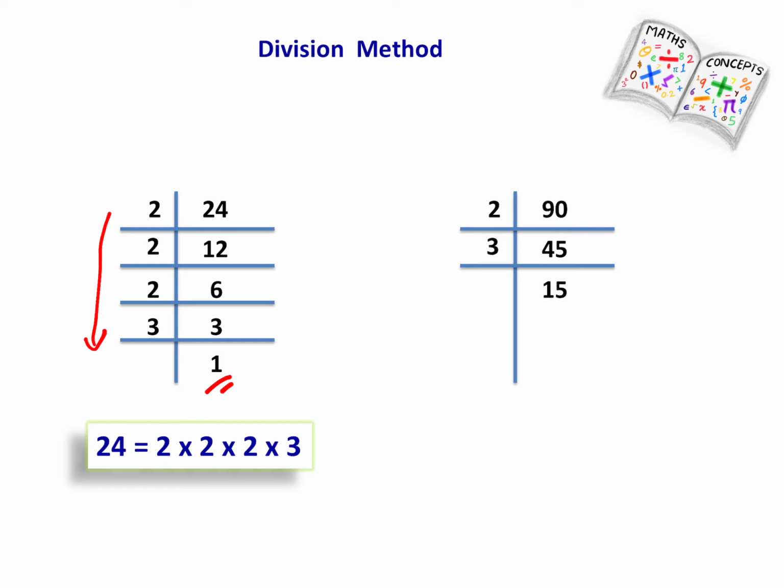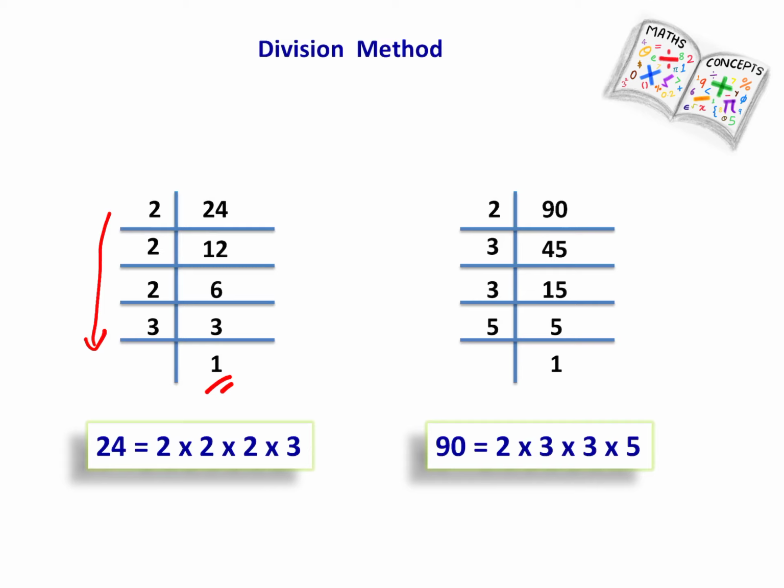Again I can divide 15 by 3, which will give me 5. I cannot divide 5 by 3 or 2, and that's why I will take next prime number, which is 5. So it will give me 1, and I can represent 90 as multiplication of these prime numbers on the left side, that is 2 into 3 into 3 into 5. Okay, so this is division method of prime factorization.